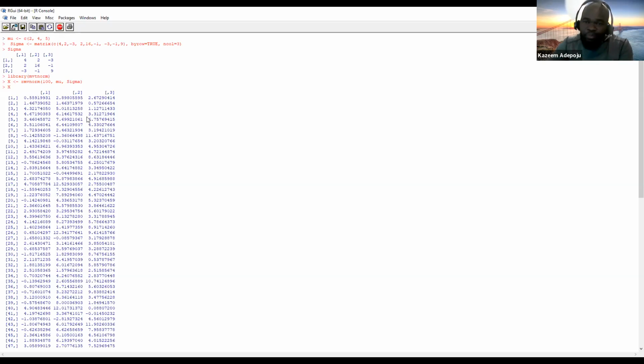Let us pretend as if we don't know, and we want to use an energy test. We want to see whether the energy test is actually going to tell us whether it is from normal or not. If the energy test tells us that it's not from normal, then that very test is not good, because we know that these data sets are actually simulated from a normal distribution.